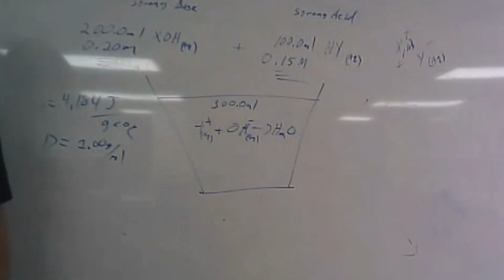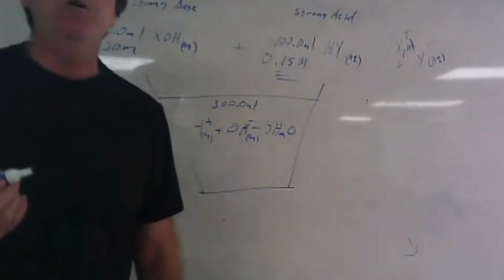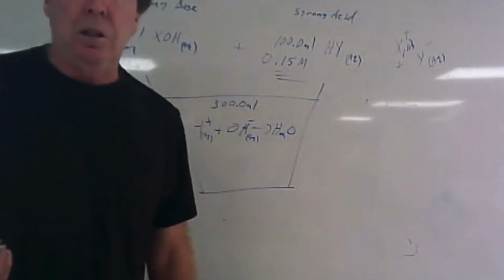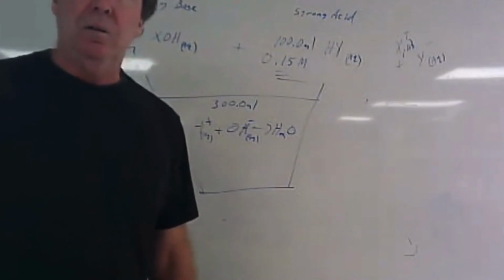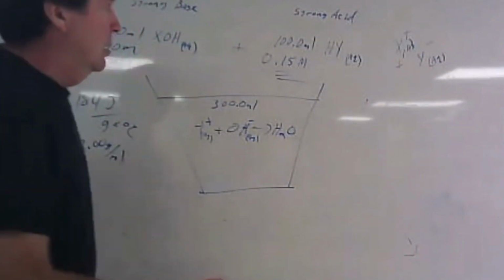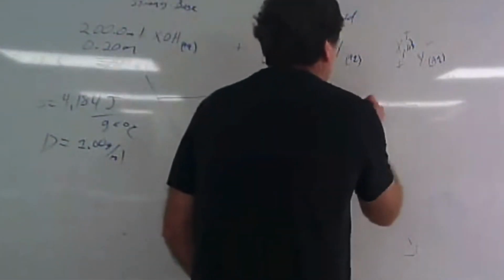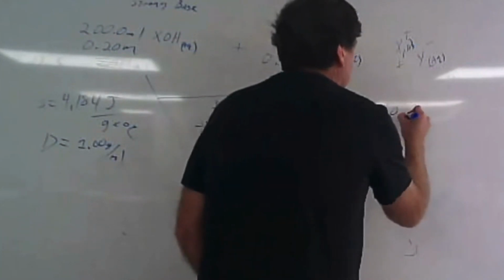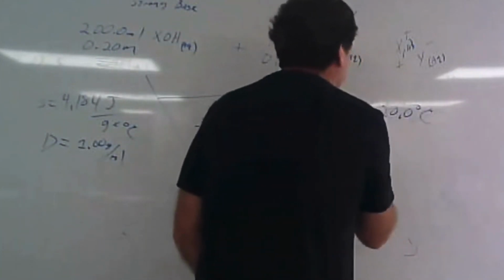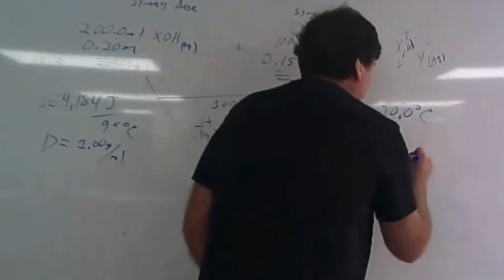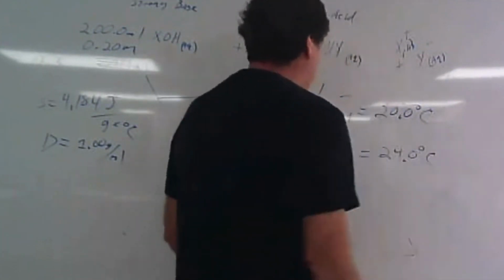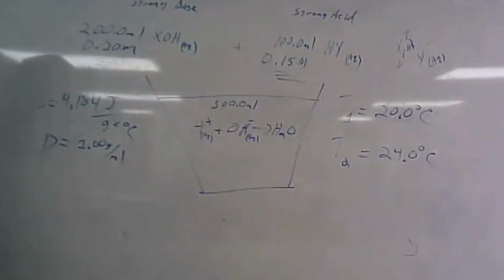What I want you to do, figure out the Q for the solution, the Q value with the proper sign. I'll put up the temperature here, 20.0 degrees C, that's T1. T2, 24.0 degrees C. Give it a shot.